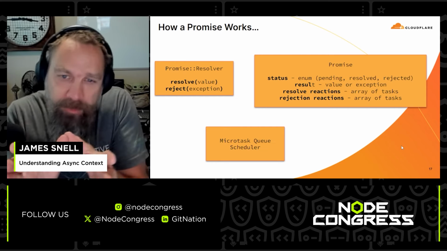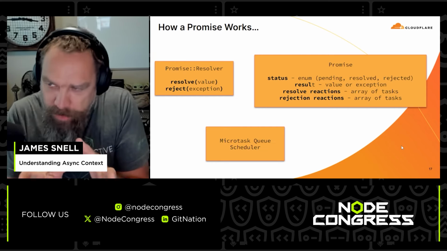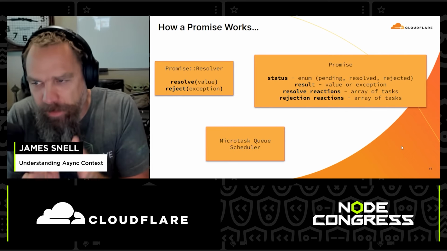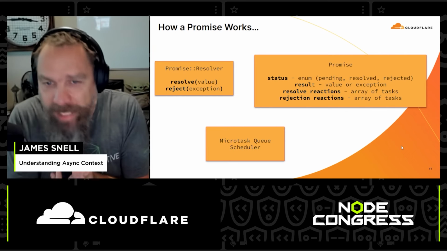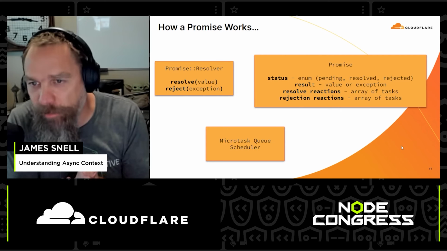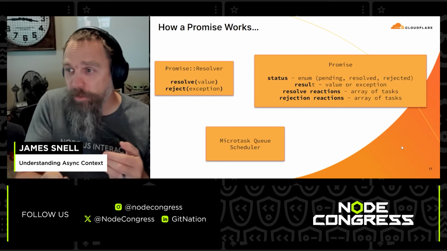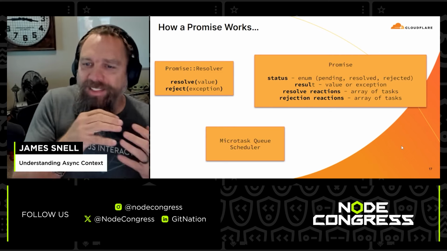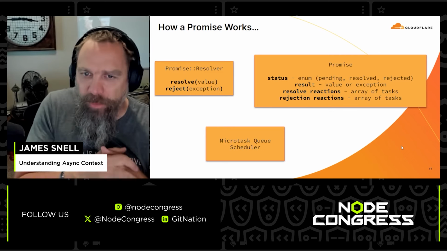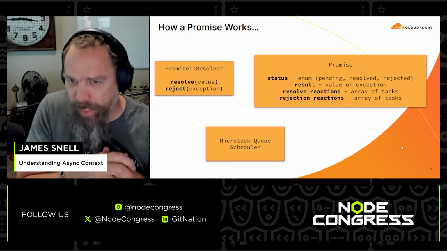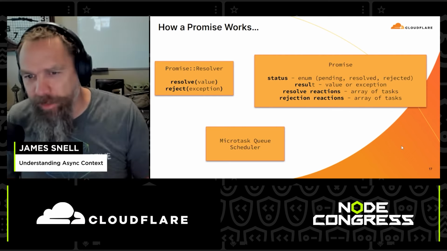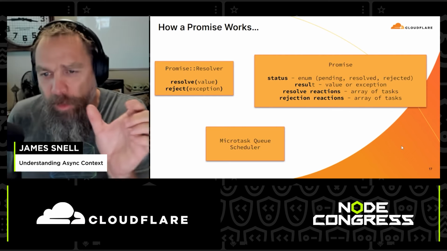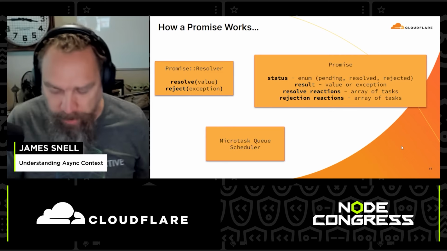All right, so we have a promise, right? And inside a promise, we have basically four values. There's more than this, but like I said, I'm oversimplifying it. We have a status, which is the promise is either pending, resolved, or rejected. We have a result, which is either the value that was resolved to or the exception. And we have a set of reactions, either resolve reactions or rejection reactions. There's also finally reactions, but I'm going to ignore those for now. And those are arrays of tasks, okay?